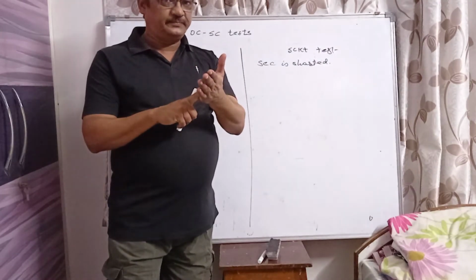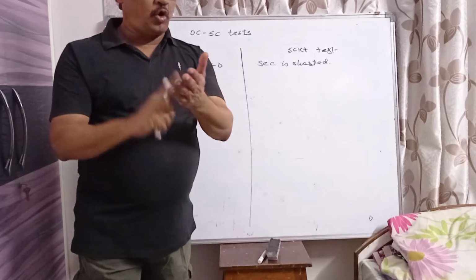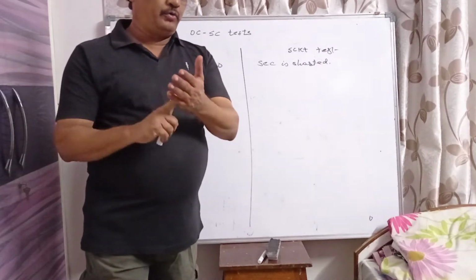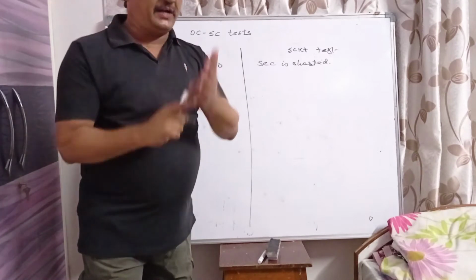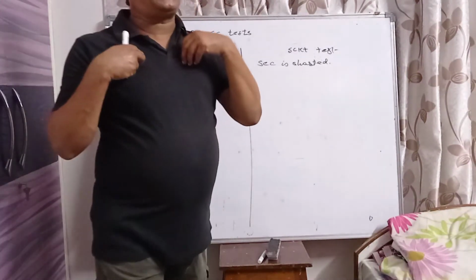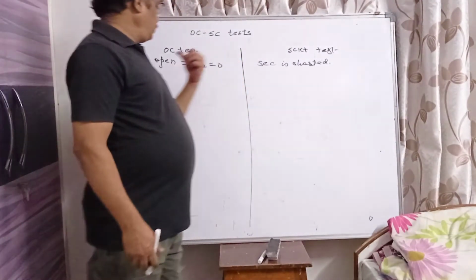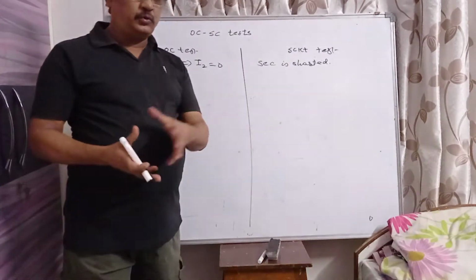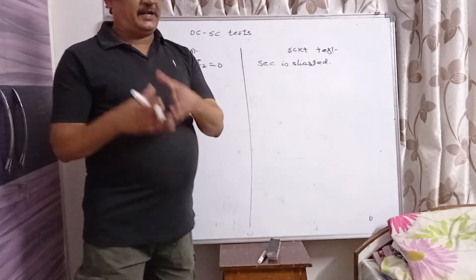Constant losses are also known as iron losses, variable losses are also known as copper losses. Variable means it varies with current. So copper loss is current dependent, and loss means wastage of power. So these two tests are conducted to calculate the power losses in the transformer.